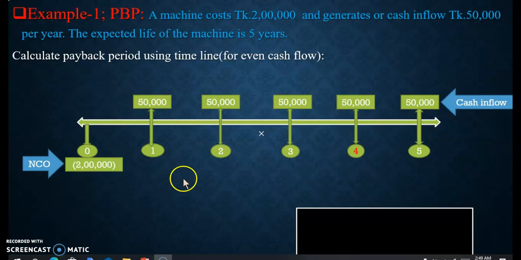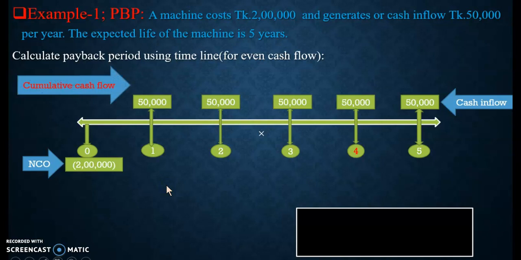Now we accumulate our cash inflows against the initial investment of 2 lakhs. Cumulative cash inflow for the first year is the same, 50,000.